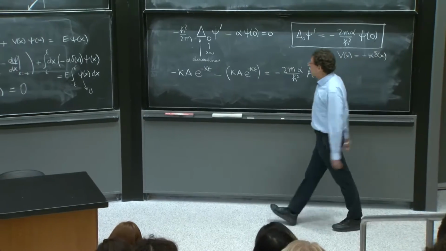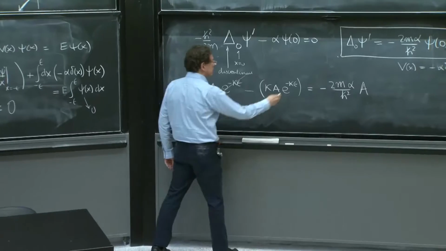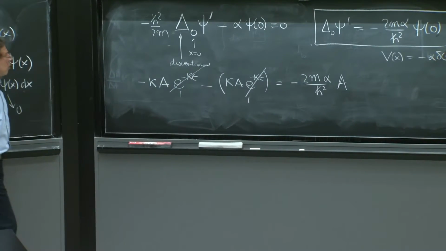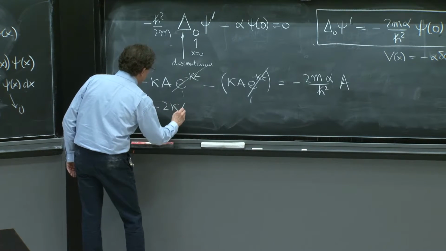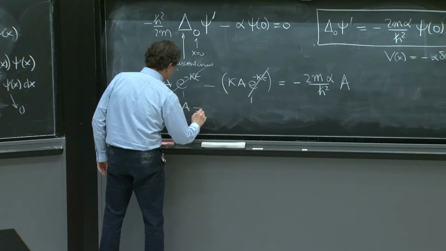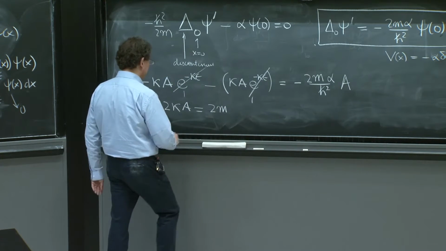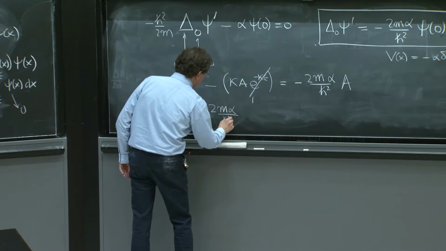And we should take the limit as epsilon goes to 0. So this is going to 1, both of them. So the left-hand side is minus 2 kappa a, and the right-hand side is minus 2m alpha over h squared a.